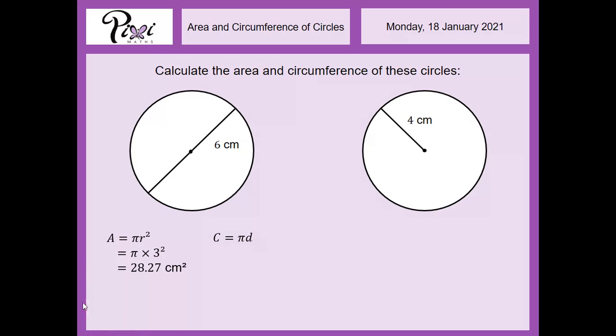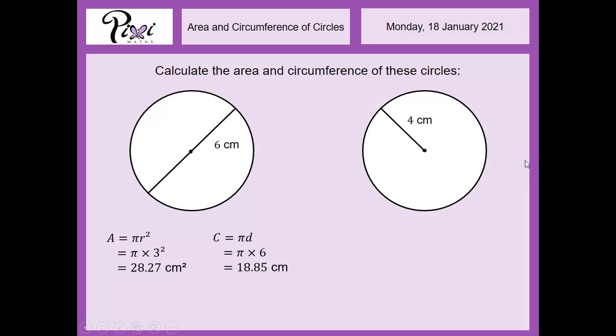Notice the area is given as centimeters squared because area is given in square units. The circumference is pi times diameter, which would be pi times 6, 18.85 centimeters. Using this as a reference, calculate the area and the circumference for this question.